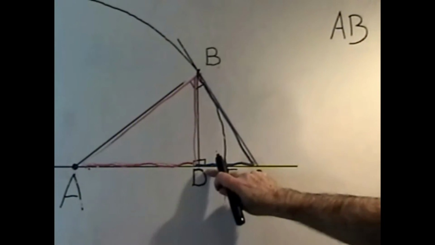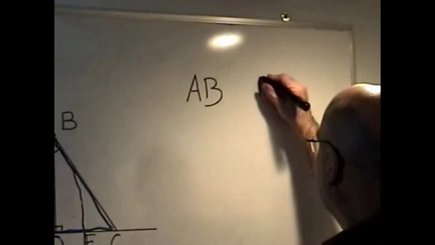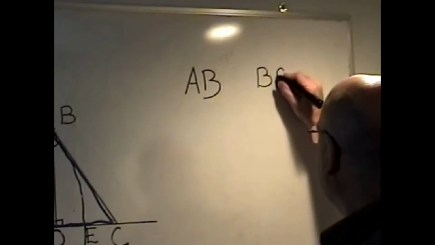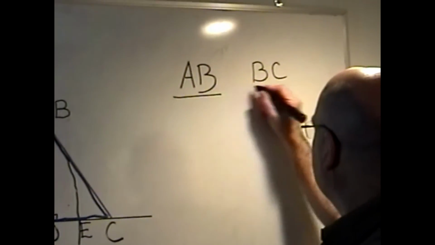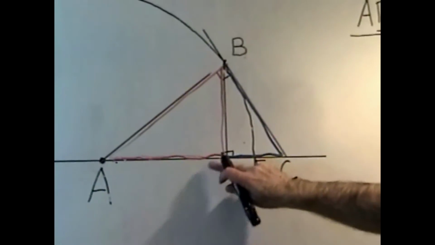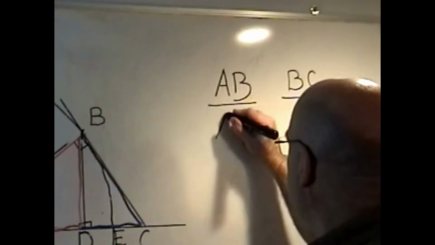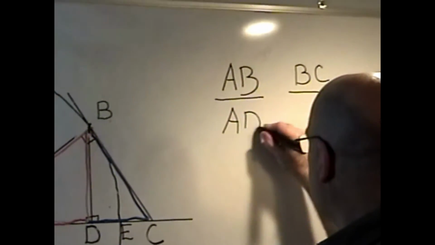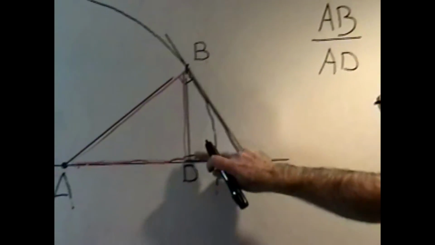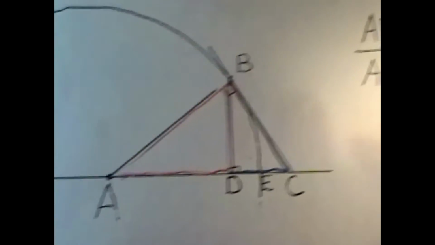BCD is a right triangle, and the hypotenuse is BC. So these are corresponding sides. Now in this right triangle, the second longest side is AD, and in this right triangle, the second longest side is BD.